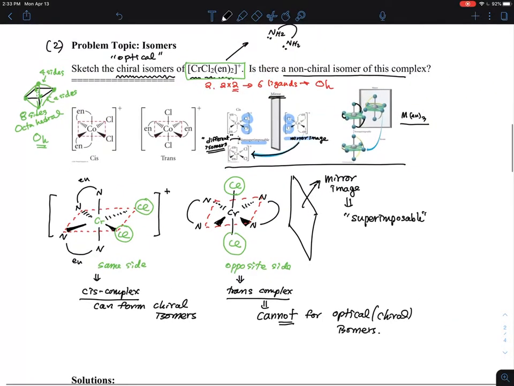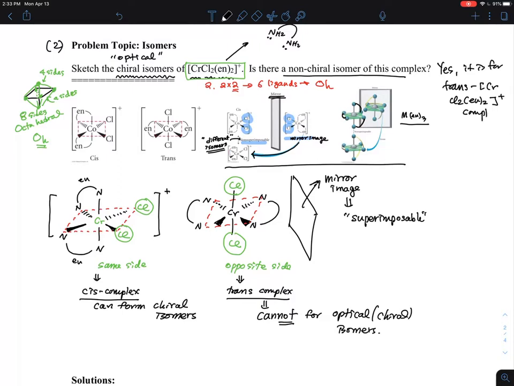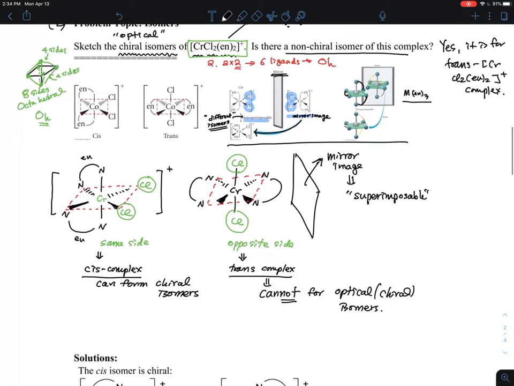So is there any non-chiral isomer of this complex? Yes, it is trans-[CrCl2(en)2]+, and that forms the non-chiral one.